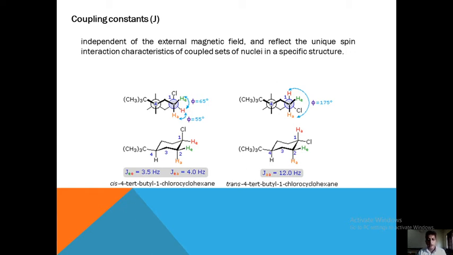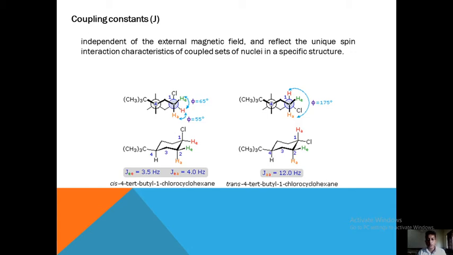In simple and freely rotating alkane units such as CH3CH2 and CH2Y, CH3X, so these are nothing but the alkyl halides, the coupling constant reflects the average of all significant conformers, and usually lies in the range between 6 to 8 hertz.